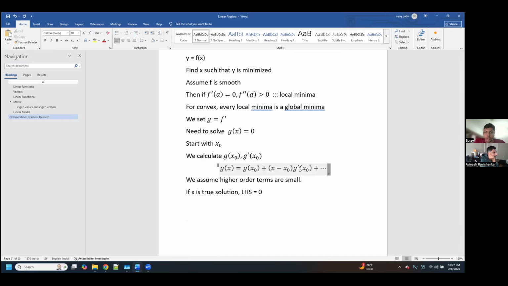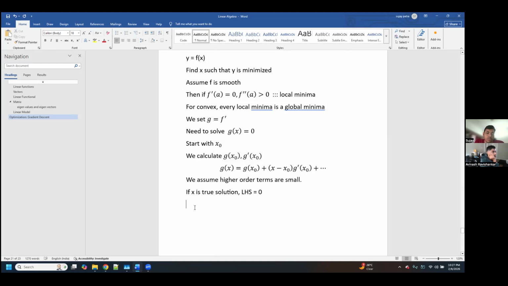You can at least recognize that everything else we know except for the x in this equation. How do we know g of x naught and g prime of x naught? Let's say I am given a methodology to calculate that. Either I have a formula or I know a guy who can tell me.